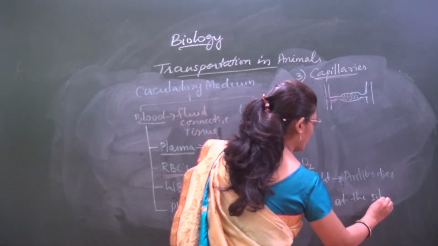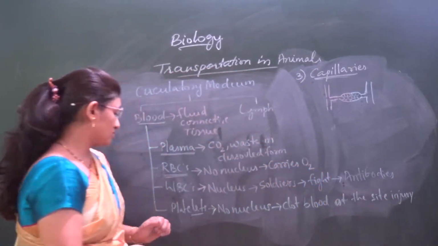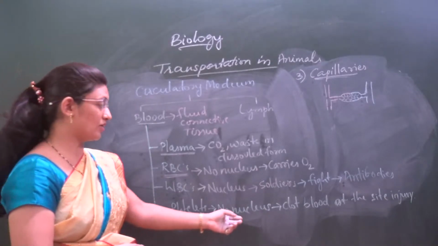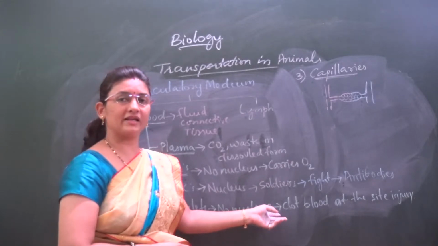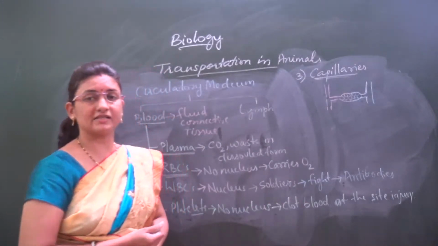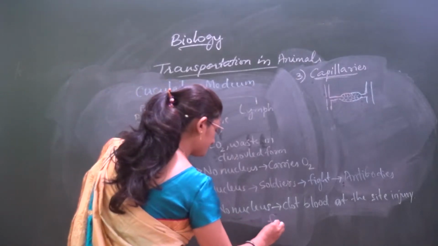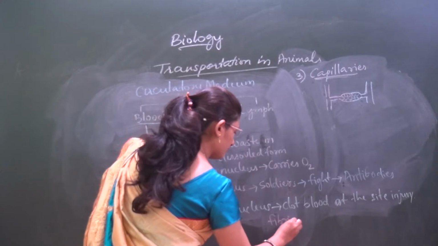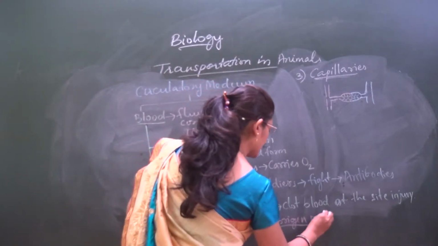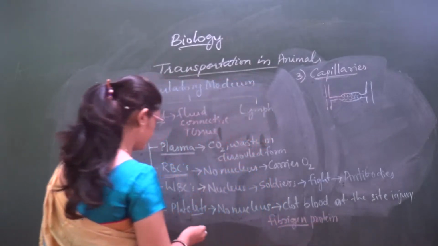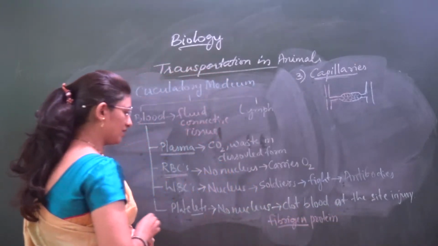Right. So platelets do not consist of the nucleus, and the most important function performed by the platelets is that they clot the blood at the site of injury by forming the fibrinogen protein, which helps to clot the blood. This is a protein which is formed at the site of injury that helps to clot the blood.